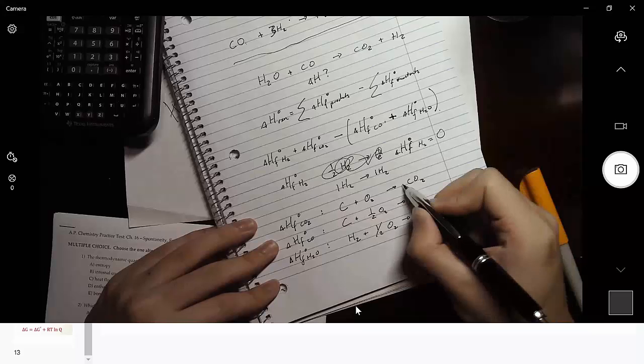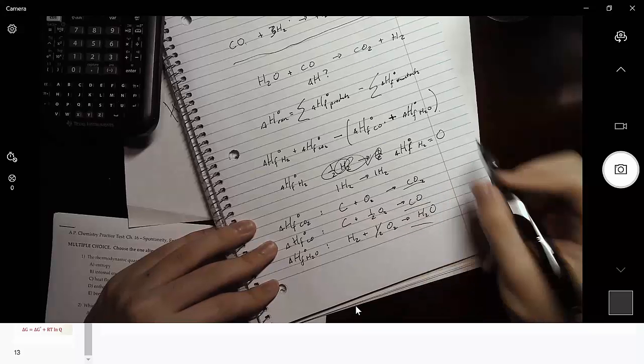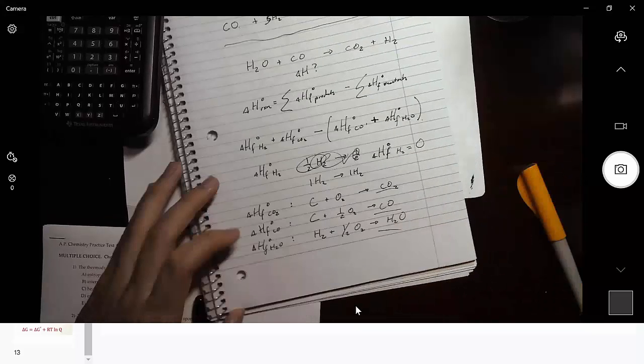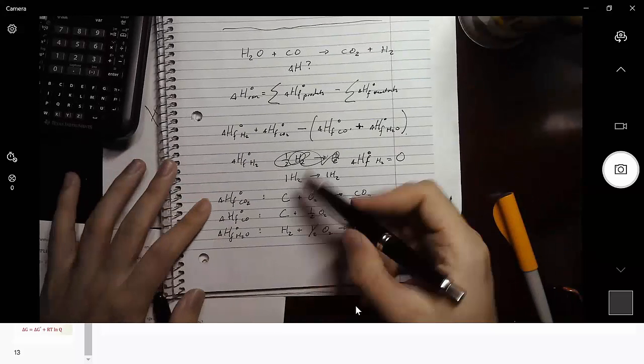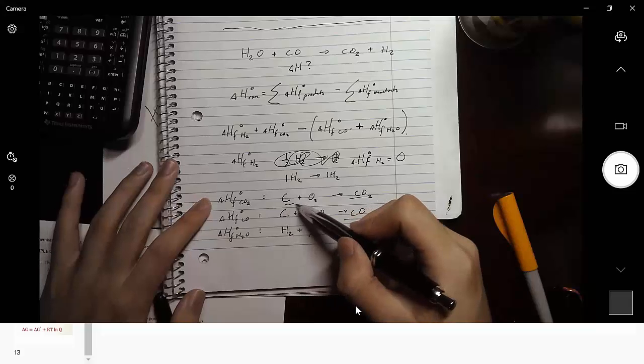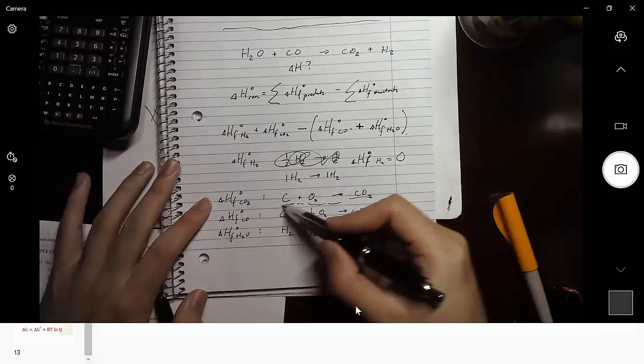Notice we have 1 mole here, 1 mole here, 1 mole here, always 1 mole in the products. So if we take this, we need to take this one.